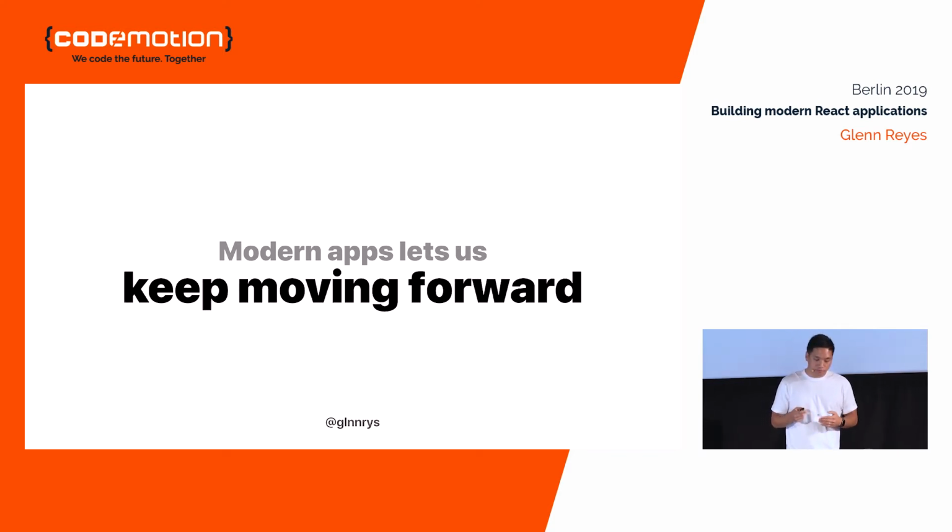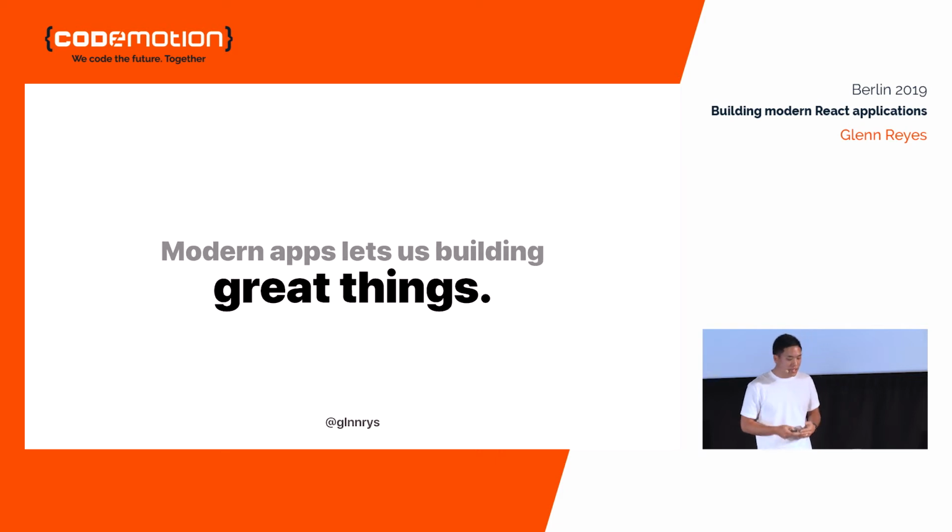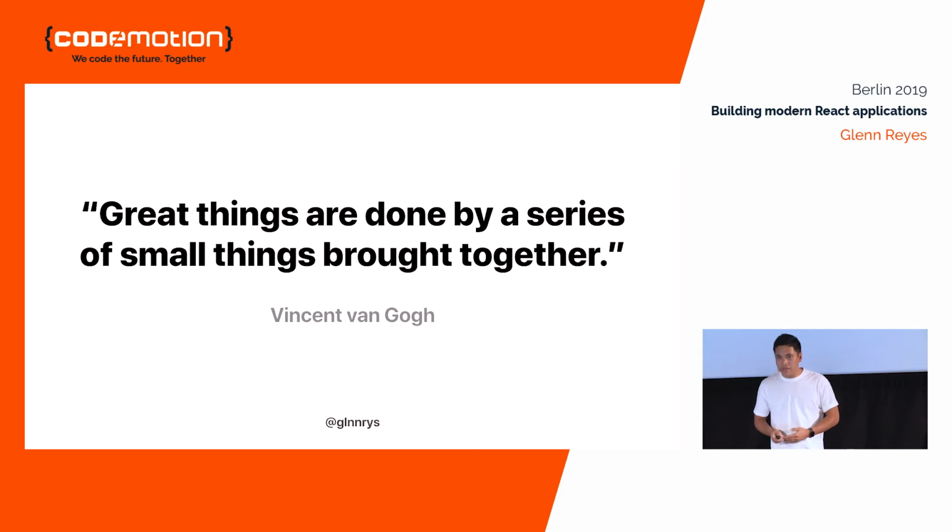So building modern apps lets us keep moving forward because we are surrounded with new tools, and thus they allow us to be creative, right? They allow us to build great things. Here is a nice quote from the Dutch post-impressionist painter Vincent van Gogh, saying, "Great things are done by a series of small things brought together."